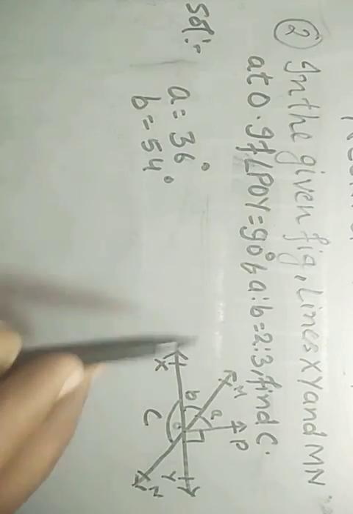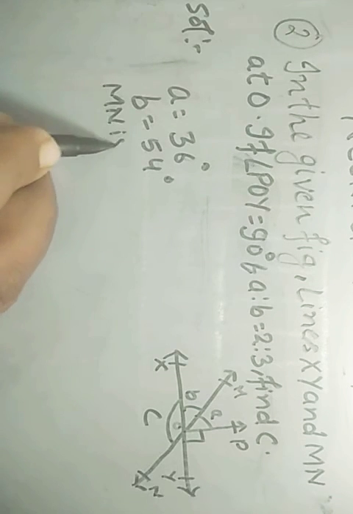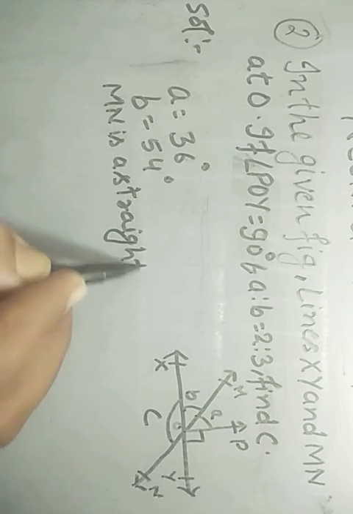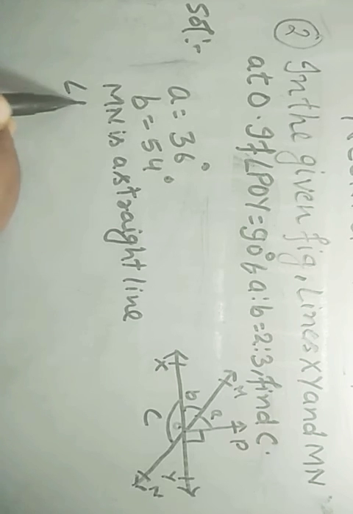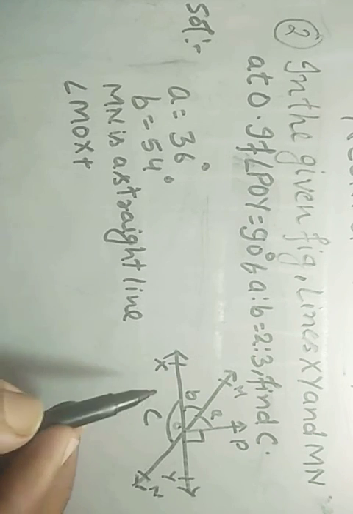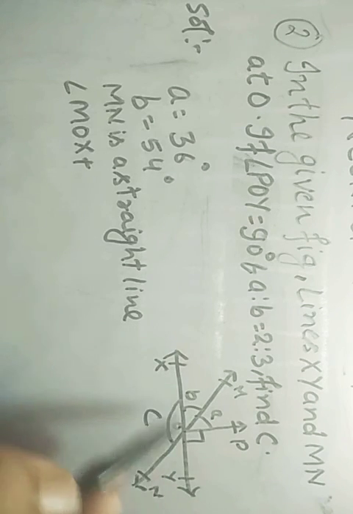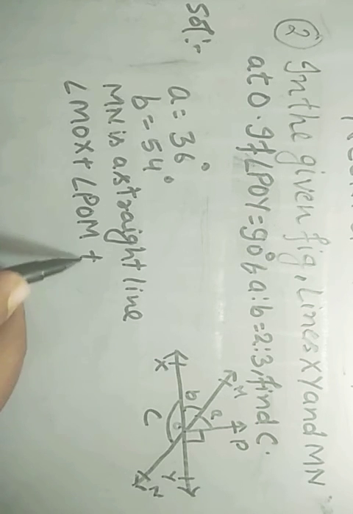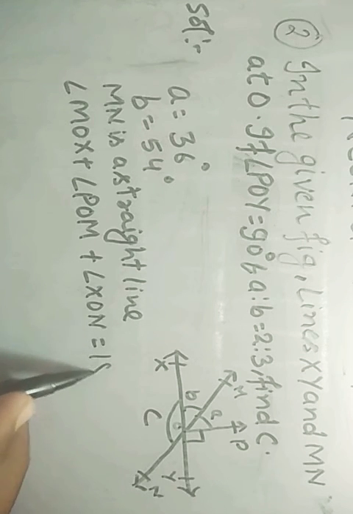MN is a straight line. Then angle MOX plus angle POM plus angle XON is equal to 180 degrees.